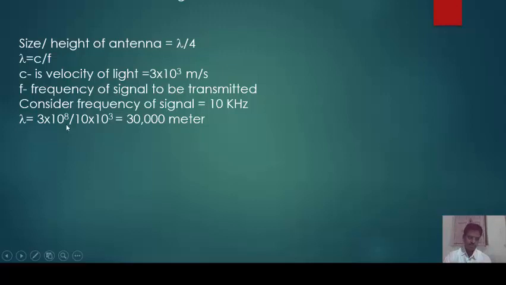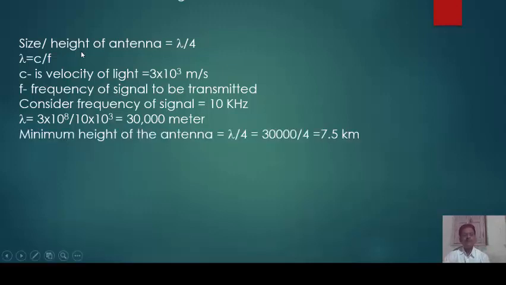Okay, lambda is equal to this much, and here this calculation is 30,000 meter. Okay, and when we find the height of antenna, minimum height of antenna is equal to lambda by 4. 30,000 divided by 4 is equal to 7.5 kilometer, and such types of antenna is required for the transmission of the signal which has the frequency 10 kilohertz.